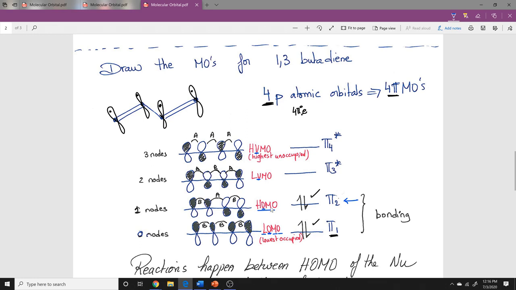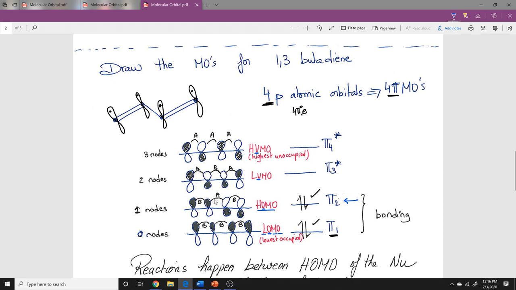Going to the highest occupied molecular orbital, this is how I want you to draw them: each two are going to overlap with each other. The first two are going to overlap with each other. The second two are going to overlap with each other, but the ones in the center, they don't. So basically what you have here is one node, which is basically the anti-bonding.